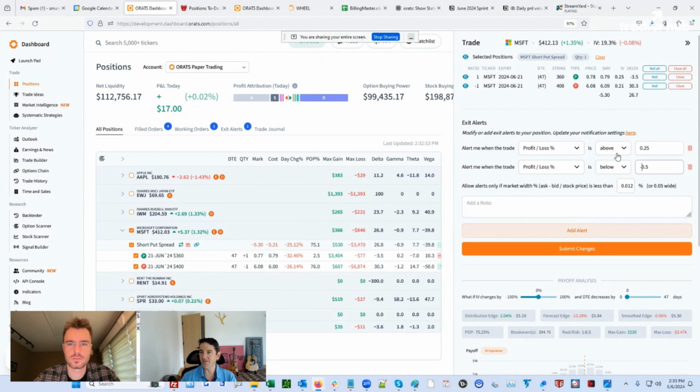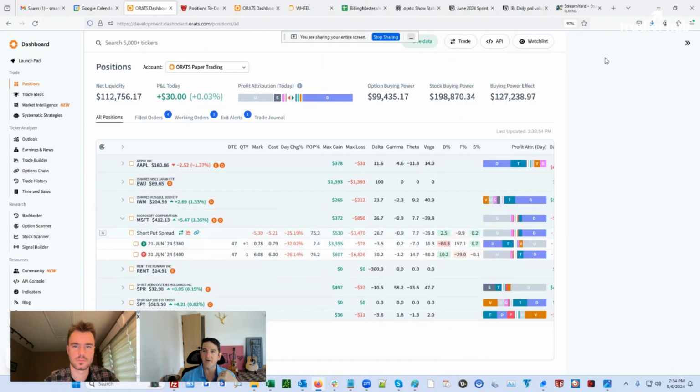If it went against me that far, we'll call this the Tradier Hub paper trade for the day today, and we'll exit at this alert. I'll watch this, and it will be tracked. When we come back, we'll see if any of these triggers. If not, we'll continue to monitor it.